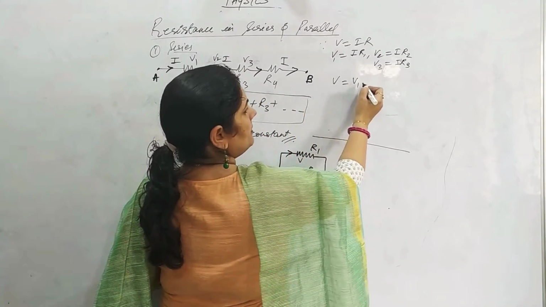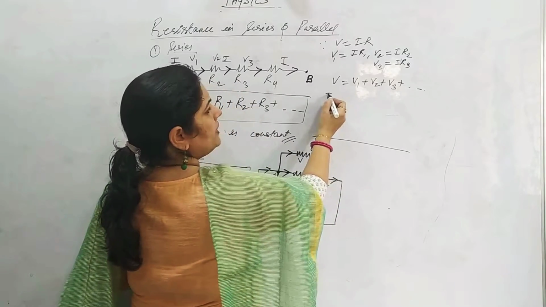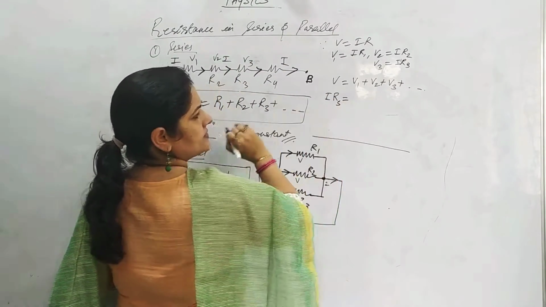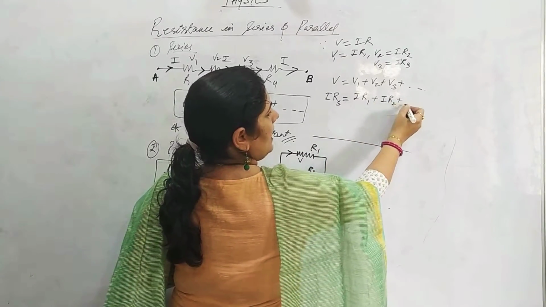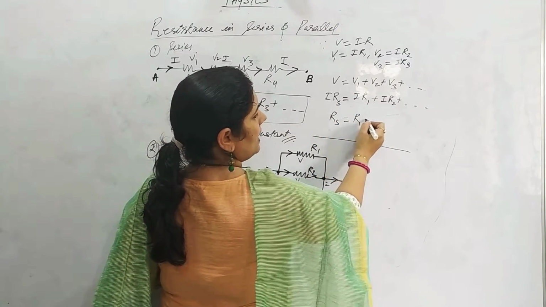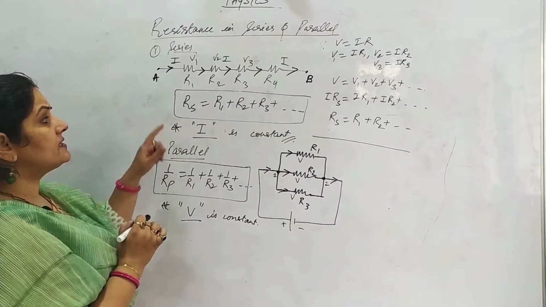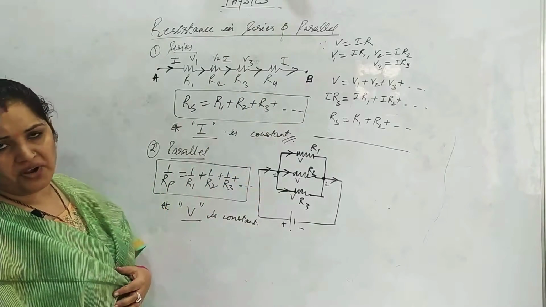So total potential will be V1 plus V2 plus V3 and so on. Now total V will be I into total resistance in series, which is IR1 plus IR2 plus IR3 and so on. Taking I common on both sides, RS will be R1 plus R2 plus R3 and so on. So that is why resistance in series is R1 plus R2 plus R3 plus whatever number you have connected.